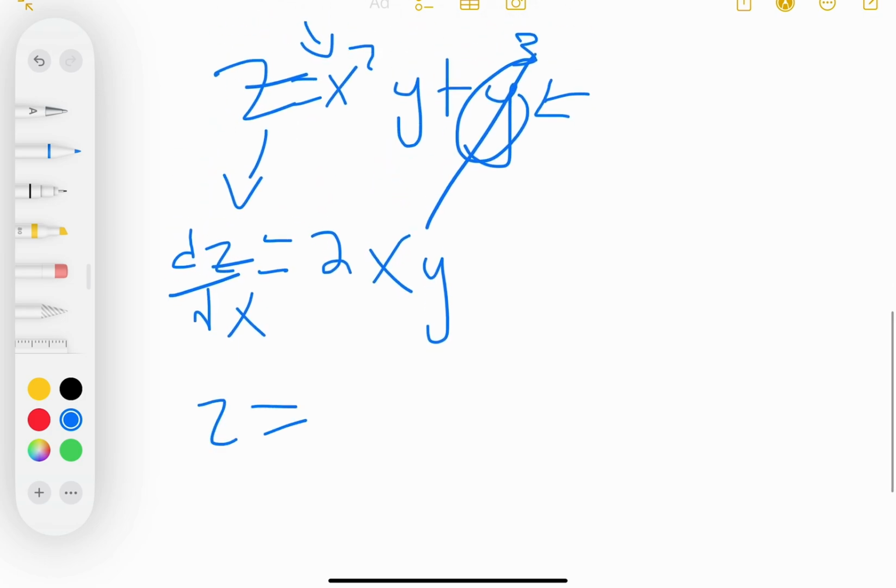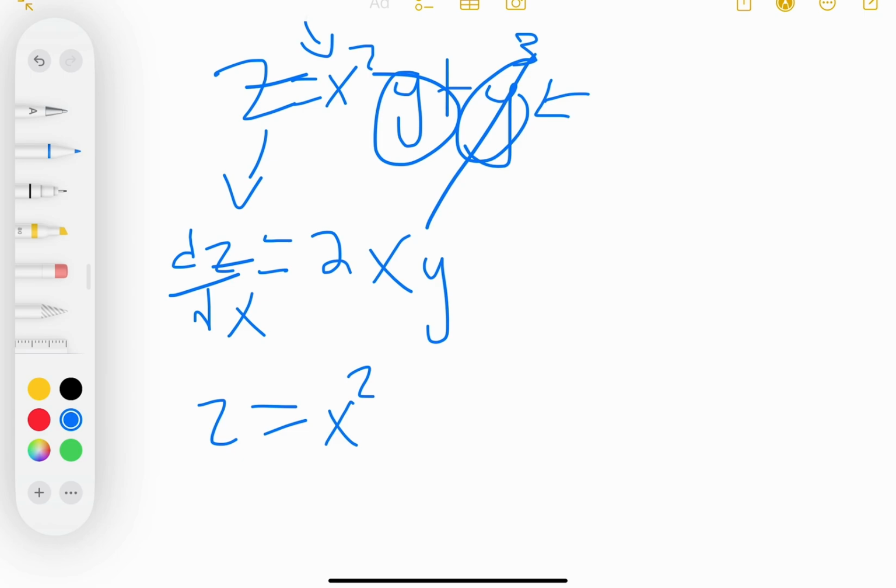Same thing: we let x squared be by itself, but we have a y right here. Take the derivative of that. The derivative of y is just going to be 1 because there's nothing attached to it.